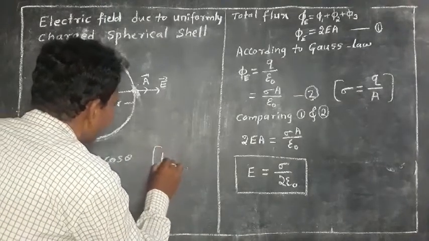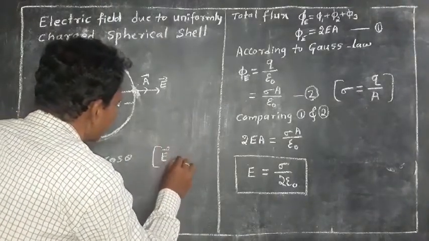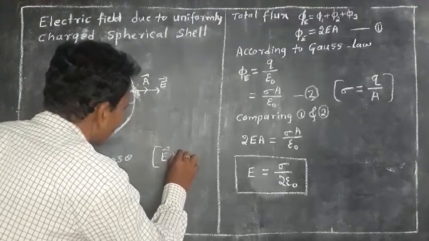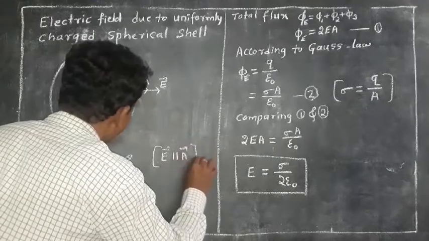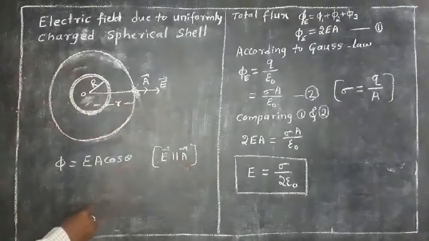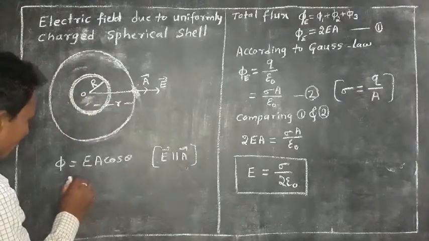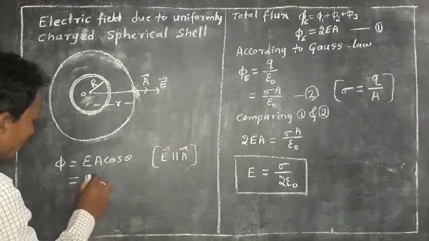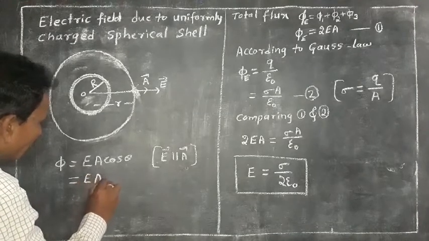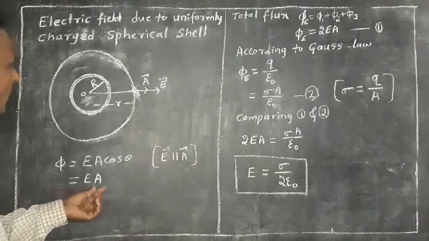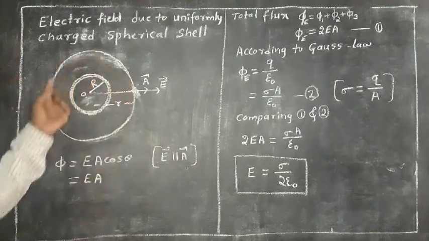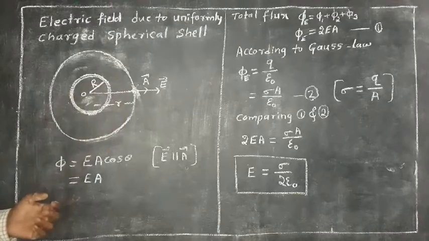Here E vector and A vector are parallel to each other. Hence phi equal to E into A, where A is the area of the spherical surface.